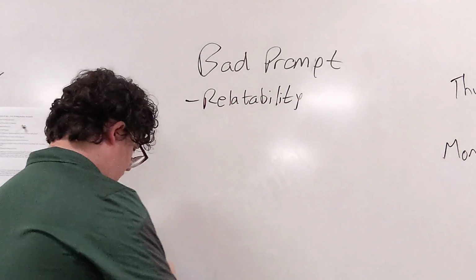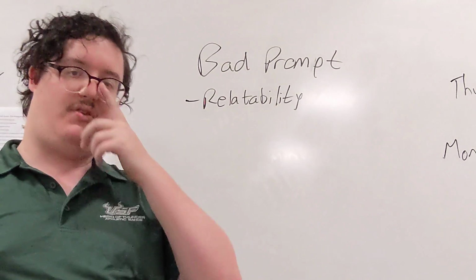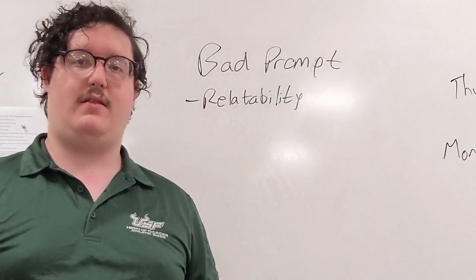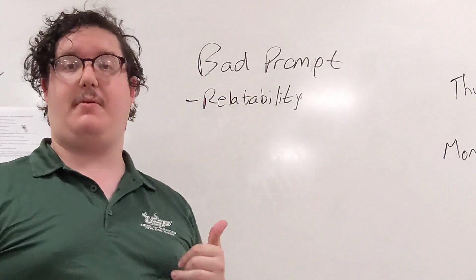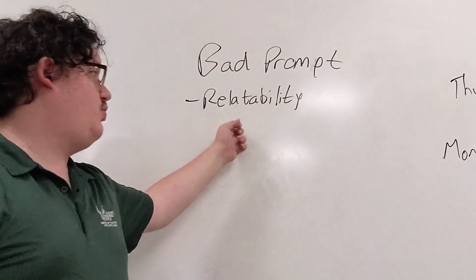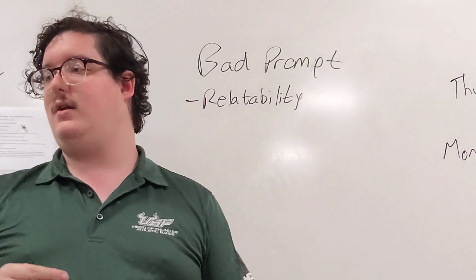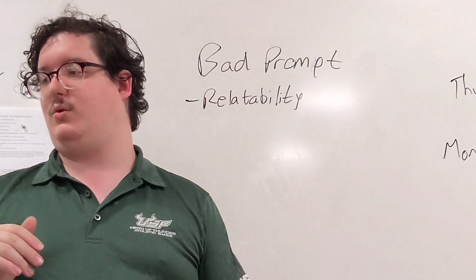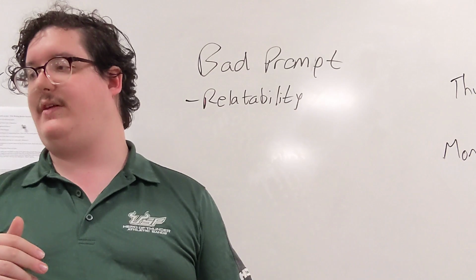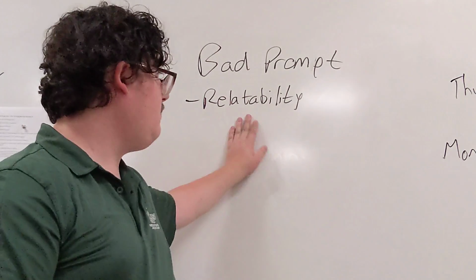Relatability is how well you resonate with the prompt. How well you say, I can get emotionally invested in this. I know that I have something to say about this issue. Okay? A lot of the time the FSA tries to do this, but they think they're being relatable, but the people that write it are much, much older, and it does not usually work the way they think it will. Okay? Be aware of that.